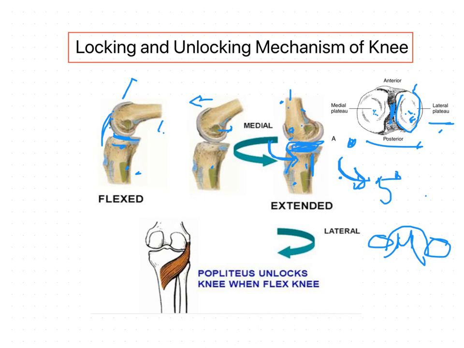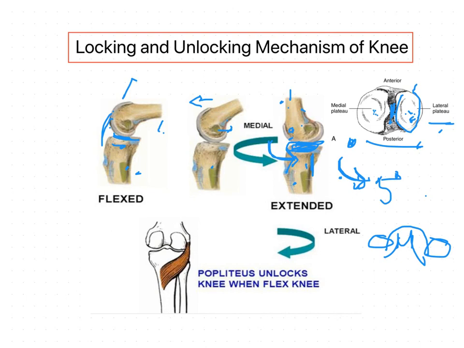We can see that at the 5 degrees of the terminal range of knee extension. So this rotation is not produced by any muscular forces, and it is not any voluntary rotation. Such rotation is called automatic or terminal rotation of the knee joint.